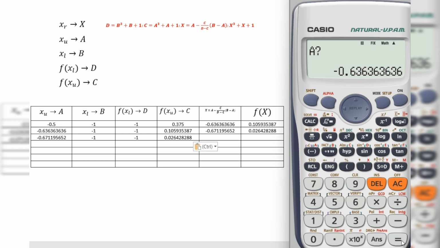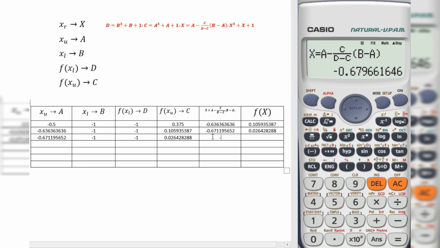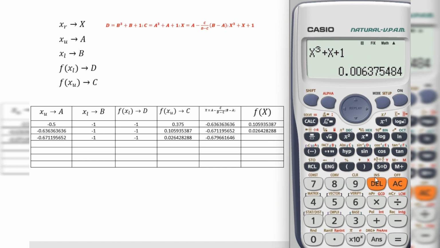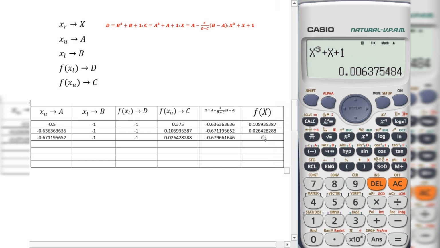B does not change, A is equal to alpha X, D is minus 1, C is this value, and X equals minus 0.679661646. The function value is positive, 0.006375484.